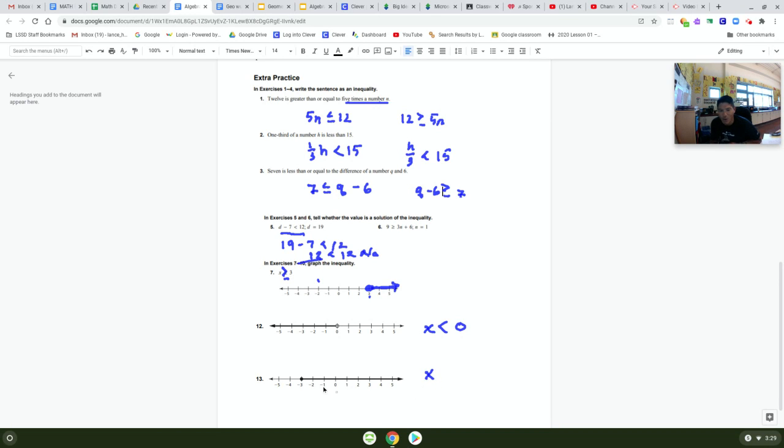I could use y if I want to. There's a filled in circle at -3. That means -3 is included. I'm planning ahead before I figure out the inequality to use. It's going to have an equal to sign underneath it. And then everything is filled in to the right. All those numbers are greater than or could be equal to -3, which would be the correct inequality for that graph.